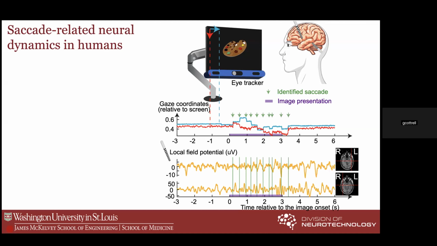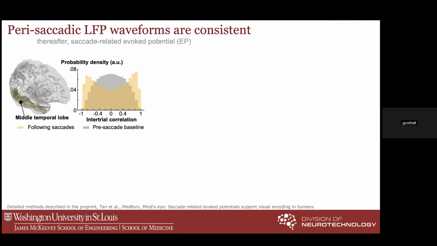If the waveform were consistent after a saccade, we would expect the intertrial correlation to differ from baseline. Here's what we observe. We picked an example of a contact located in the middle temporal lobe, and the right plot shows the intertrial correlation.